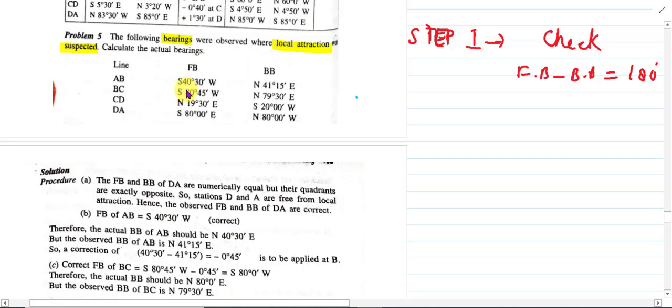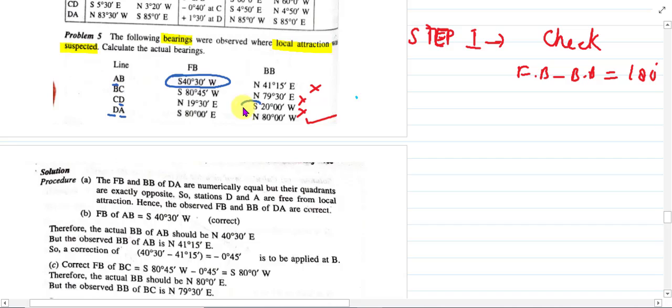Okay, so 40 degree 30, 41, no. 80 degree, 45, no. 19 degree, 20 degree, no. 80 degree, 80 degree. So only the last value is correct, meaning the points which are free from local attraction are station D and station A. Now this means the value taken from point D and the value taken from point A will be correct, so automatically by default the fore bearing of line AB is correct.